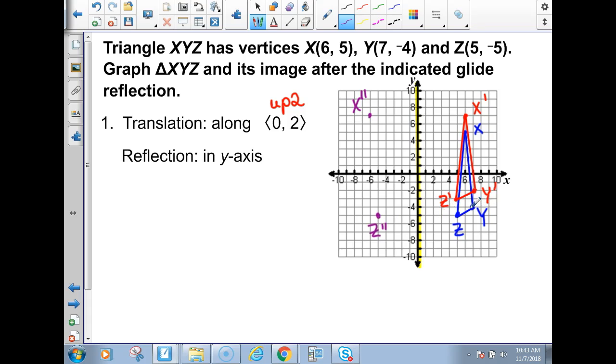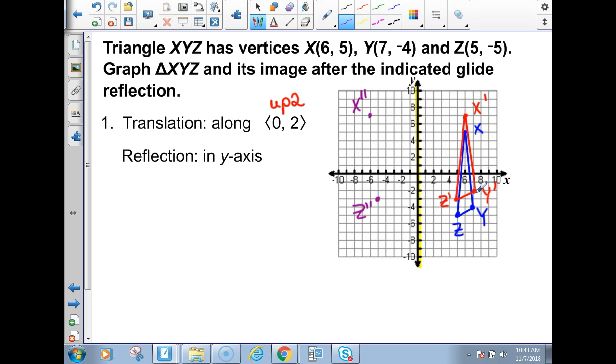And Y, I just did the wrong one. You see what I did? I did the original figure, didn't I? No. Supposed to do the red point, not the blue one. Okay, Z is still 5 away, so I just have to make sure it goes across the correct way. It's over here. Z double prime. And Y double prime is going to be 7 to the left.